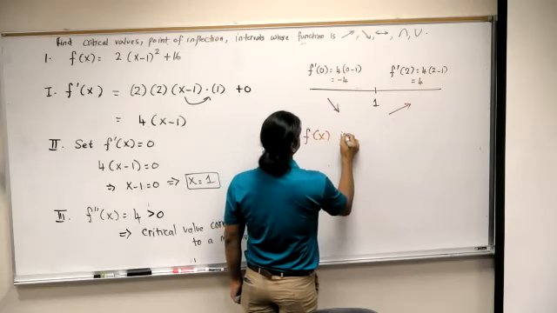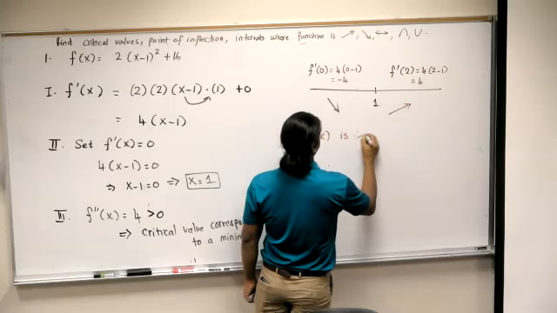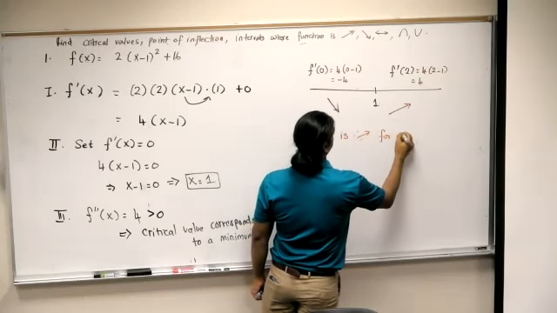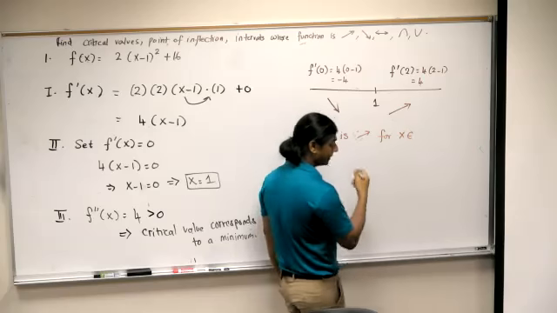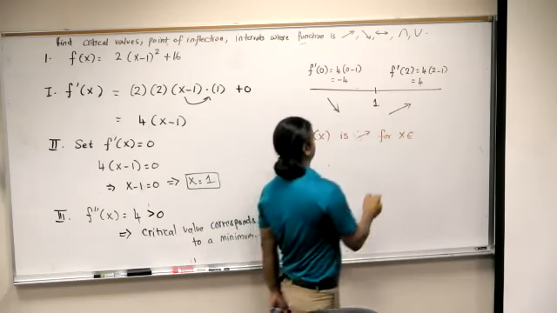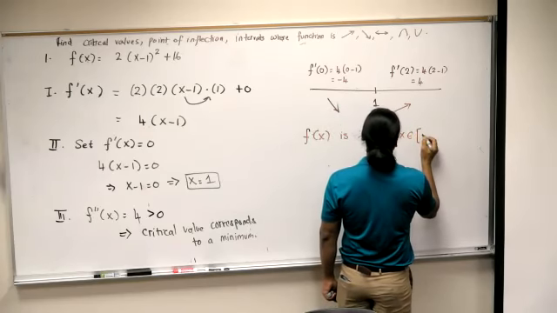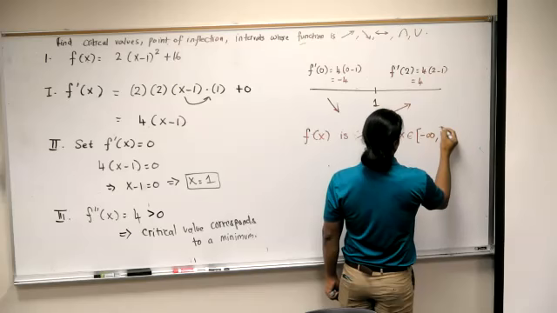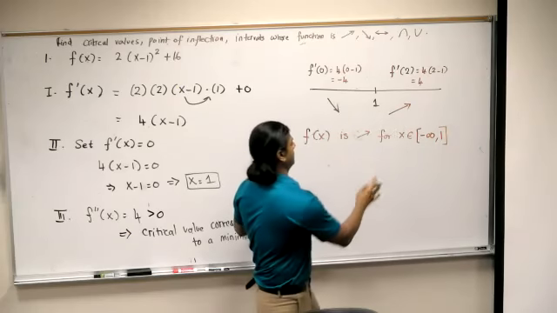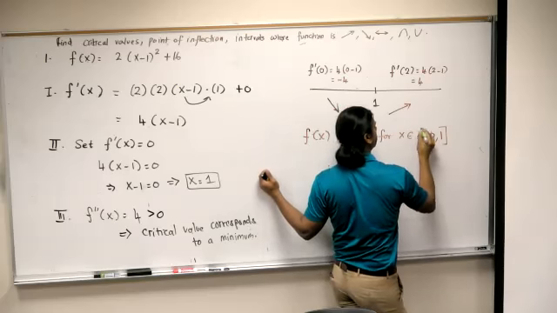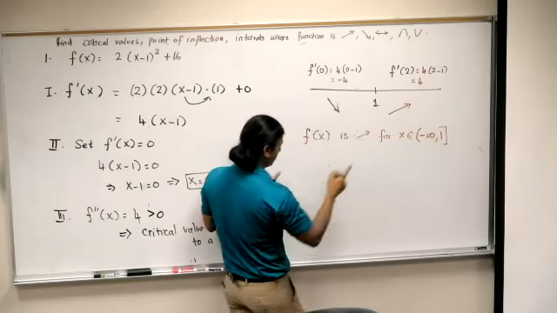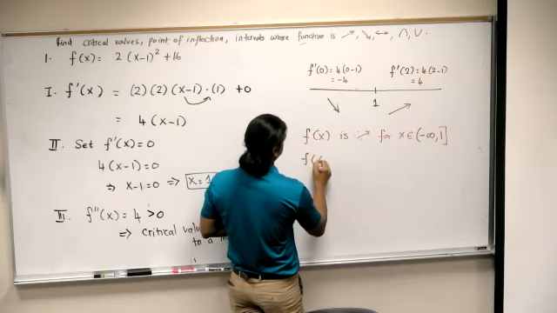So the function is increasing for all values of x in the interval. Of course, I shouldn't put in parentheses right next to negative infinity.